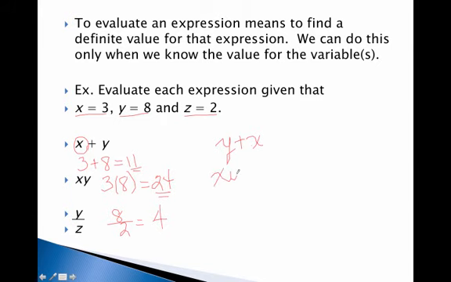So xy is the same as yx. Those have the same values. Now, in division, is it going to matter if I put the y or the z on top? Well, is there a difference in value between 8 divided by 2 and 2 divided by 8? Yes, there sure is. So division, that's not going to hold. You have to put it in the specific order. Likewise, with subtraction, you're going to need to put the variable in the correct order.